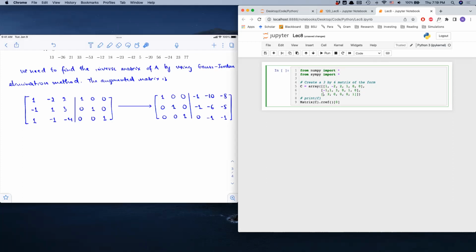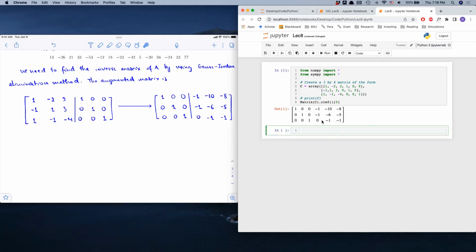The third row is 1, -1, -4, and then 0, 0, 1. And everything else is going to be the same. Not gonna make any other changes at all, except for the augmented matrix. Now you just hit Shift Enter.